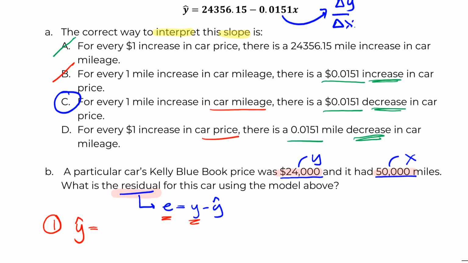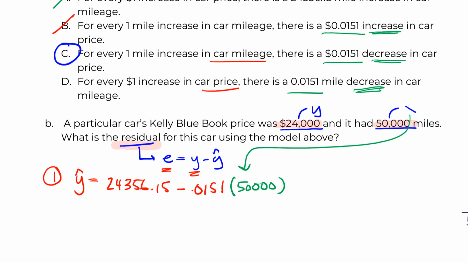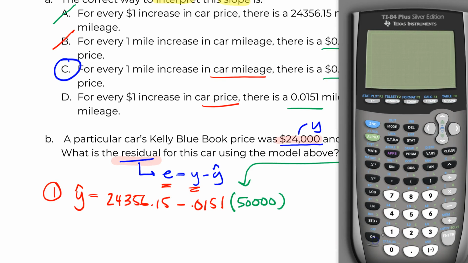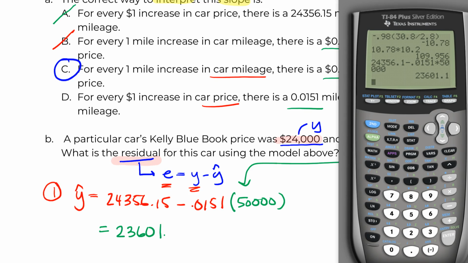And that's exactly what our equation does, right? 24356.15 minus, and all we have to do is plug in our X variable, 50,000 miles, times 0.0... All right, looks like we get 23,601.1.